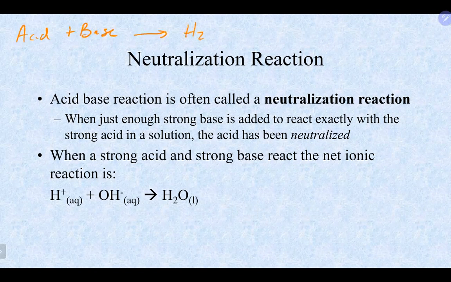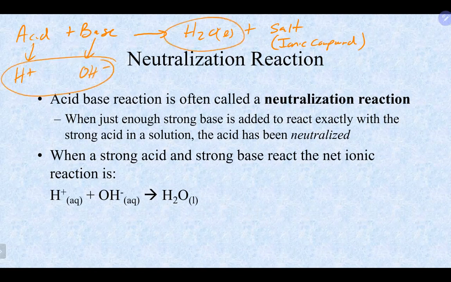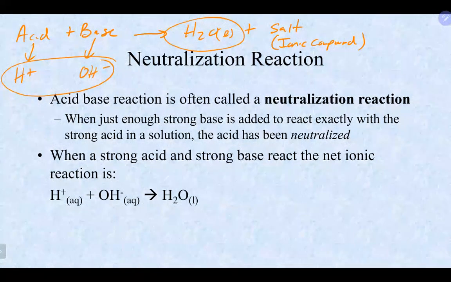You get water and a salt. A salt is just an ionic compound made up of those spectator ions in the reaction. Water is pretty much always the H plus from the acid and the OH minus from the base. So that's basically how we get to the water part of it.